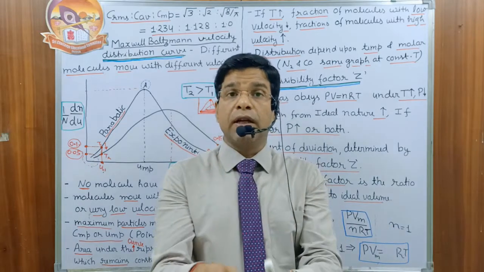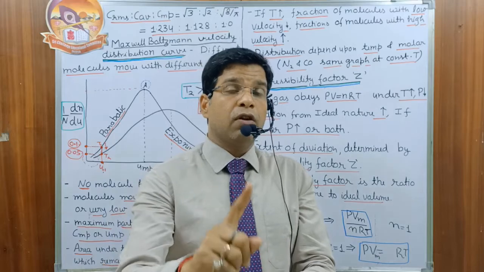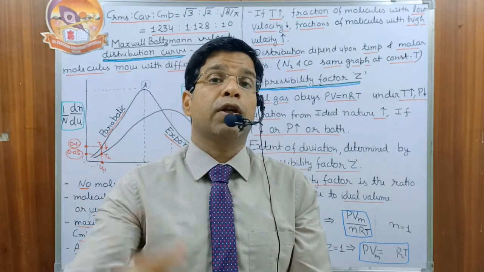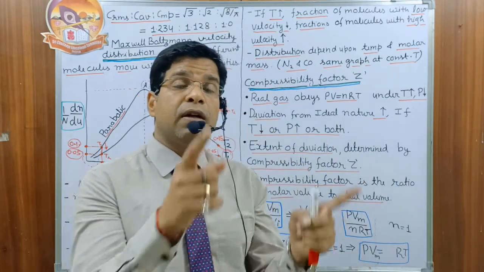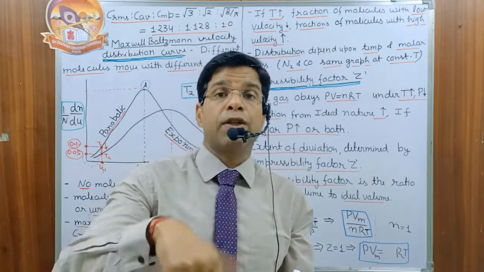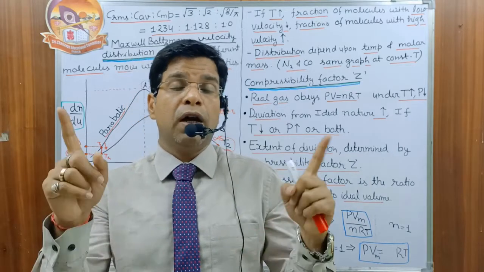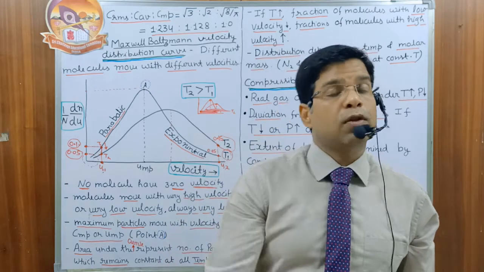Means if for the ideal gas PV is equal to nRT, then for the real gas PV is not equal to nRT. Real gases follow the ideal gas behavior under the condition of high temperature and low pressure. If temperature is low and pressure is high, then under such conditions real gases don't follow the ideal gas behavior. They deviate from the equation PV equals nRT.